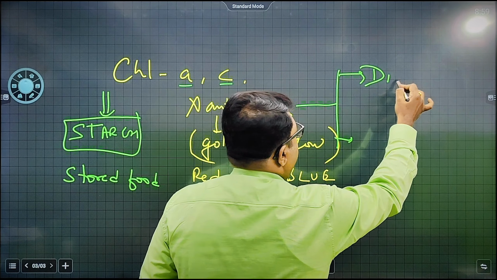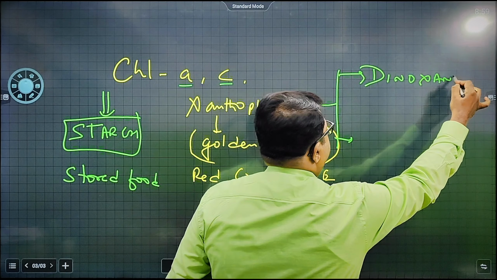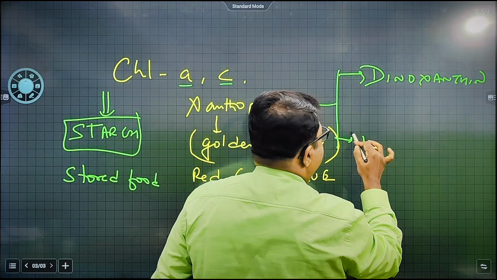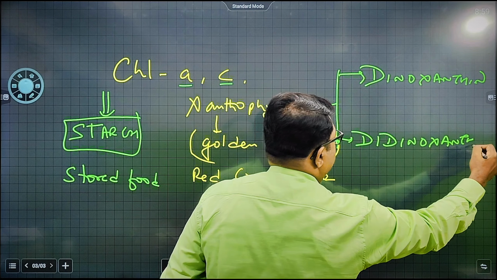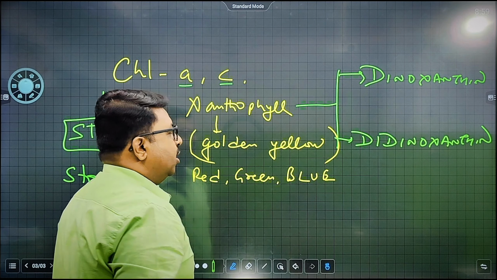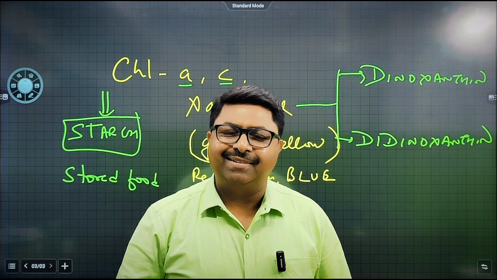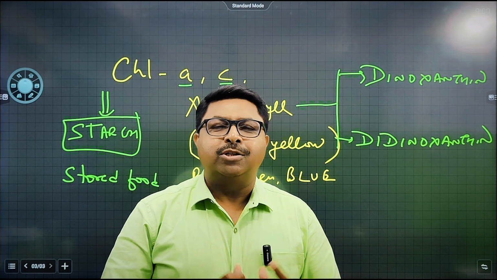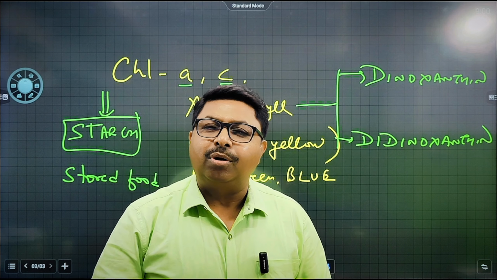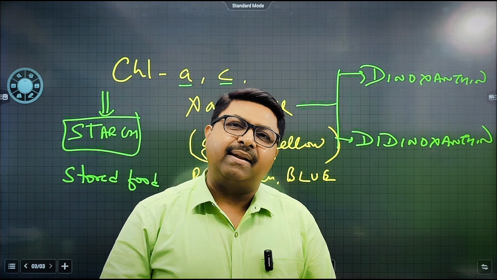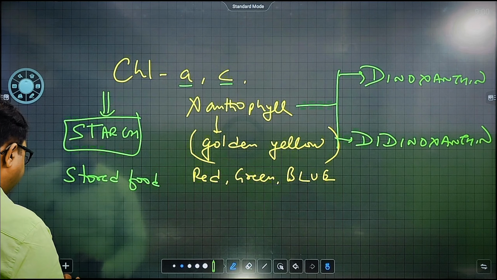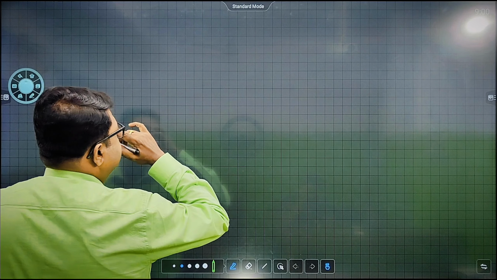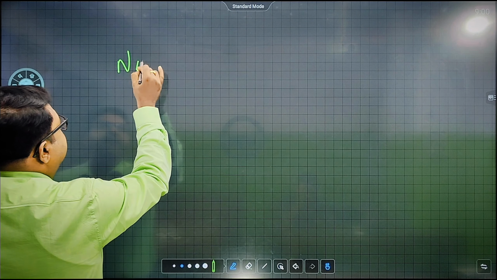They can be of dinoxanthin and didinoxanthin, which can give them this golden yellow color. So they can make their own food. So we can call them as photoautotrophs. वो लाइट के प्रेजेंस में वो क्या बना सकते हैं? खाना बना सकते हैं.